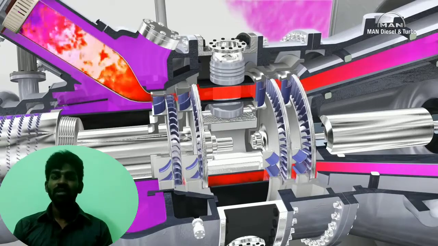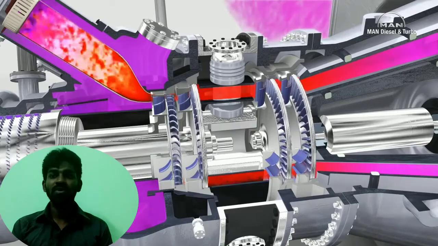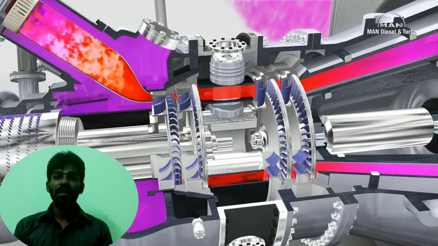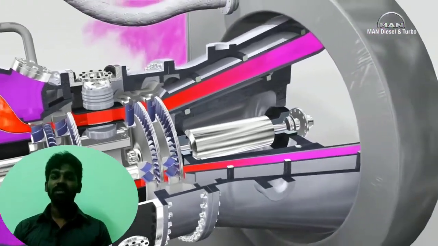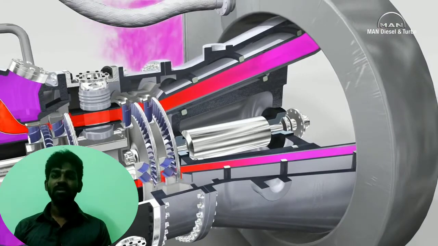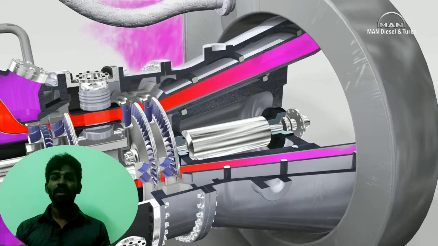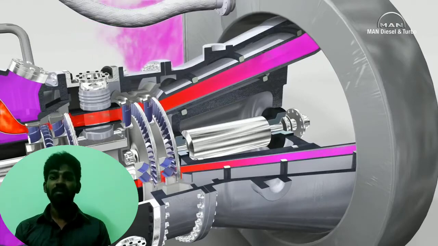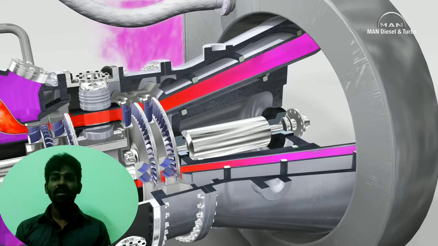After that it goes to the compressor, which compresses low pressure air into high pressure air. Then it is sent to the combustion chamber, where the temperature and pressure of the air increase, and next it goes to the turbine section.